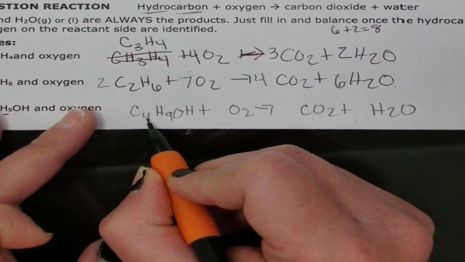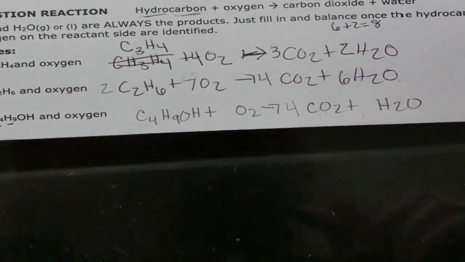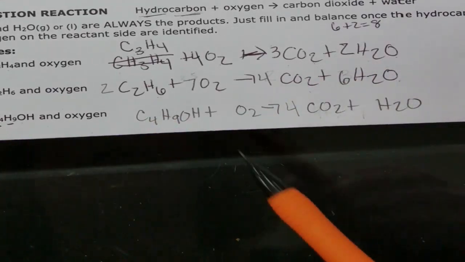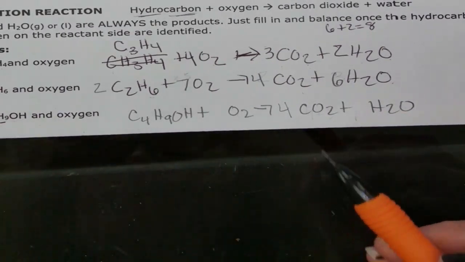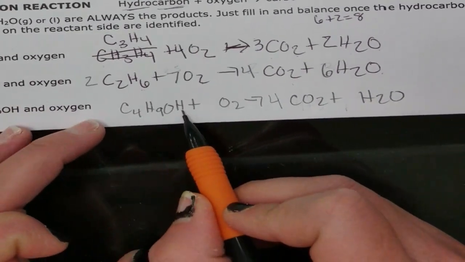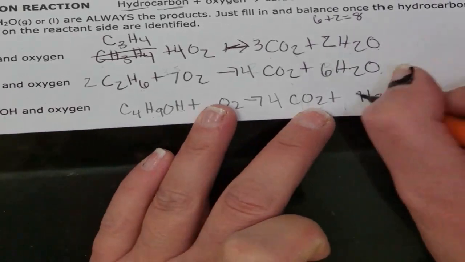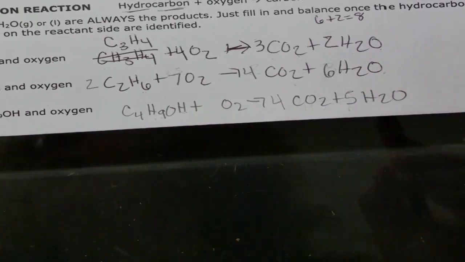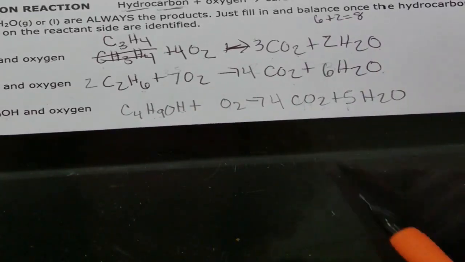I have 4 carbons, so I'm going to put a 4 in front of my carbon dioxide. I'm going to go ahead and balance my hydrogens, again saving oxygen for last because oxygen here is by itself. 9 plus 1 hydrogen is 10 hydrogens, so if I put a 5 in front, 5 times 2 is now 10 hydrogens.